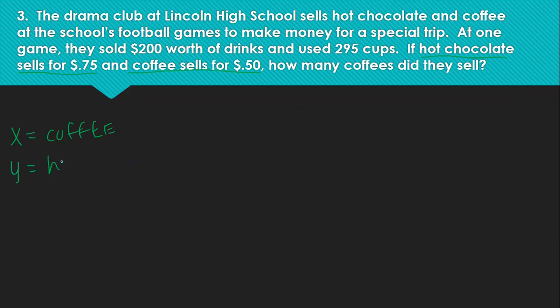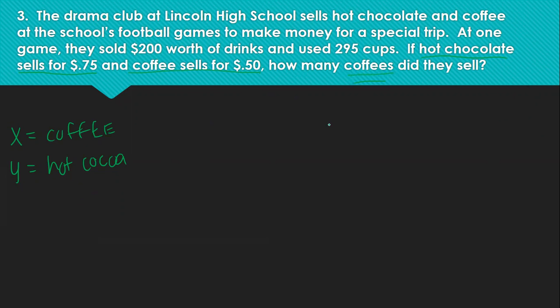And y equals hot chocolate. I'm going to write cocoa, is that with an A? Yeah, hot cocoa. All right. But this problem doesn't really care about how much hot cocoa we sell.